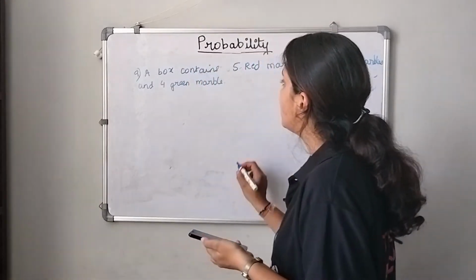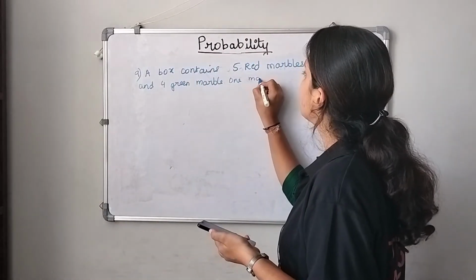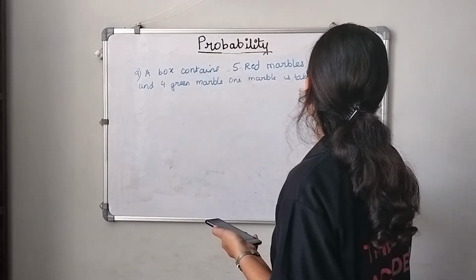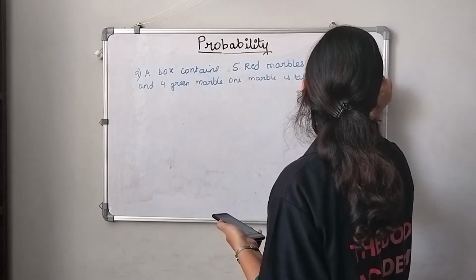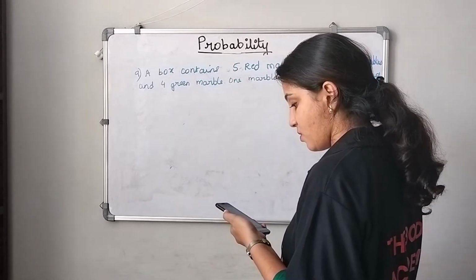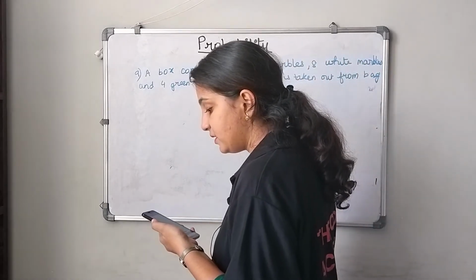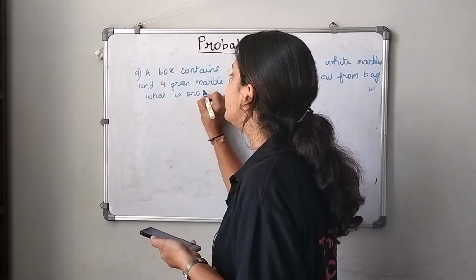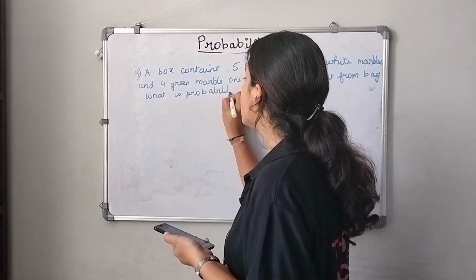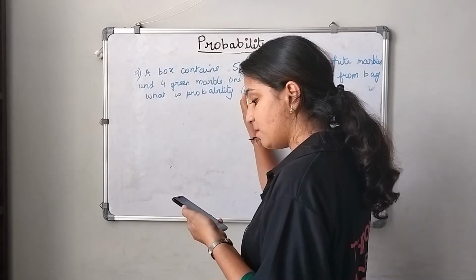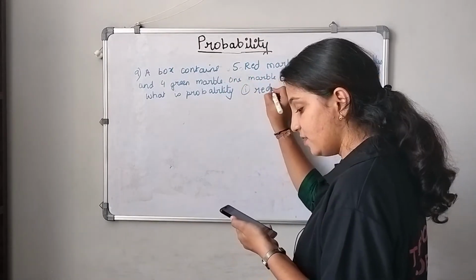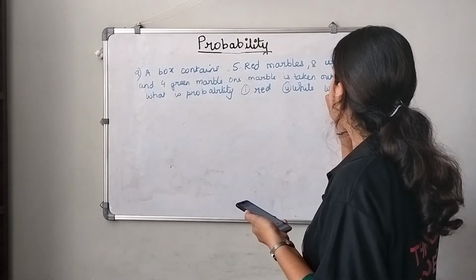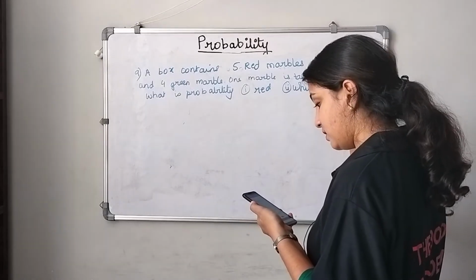One marble is taken out from the bag. What is the probability that the marble will be first red, second white, and third not green?